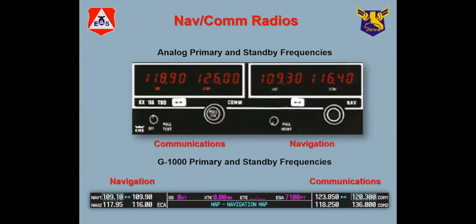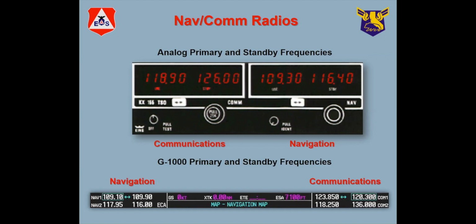These are the old version of the Comm Radios. At the bottom is the glass version for navigation. You can see down on the left in the glass version. And you can flip-flop those. So the 109.10 on top can be switched to nav 2, which is the 117.95.